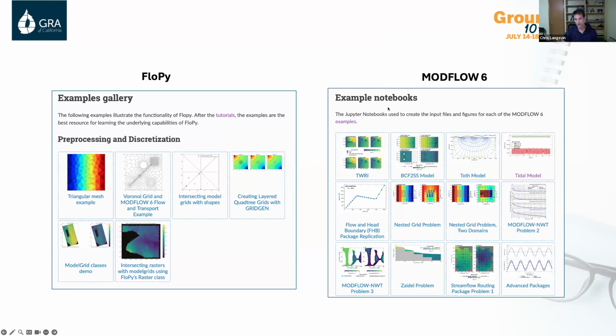I should also mention on the ModFlow 6 side, we have quite a few, I forget how many, probably over 100 different examples. And they all are built with FloPy. And they do all sorts of things. And here's a few examples. So hopefully you can find an example to help you do what you want to do with FloPy.